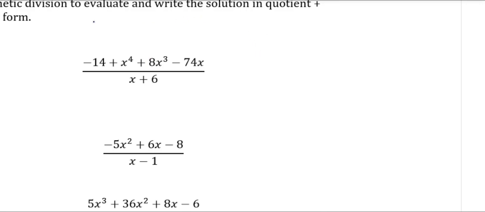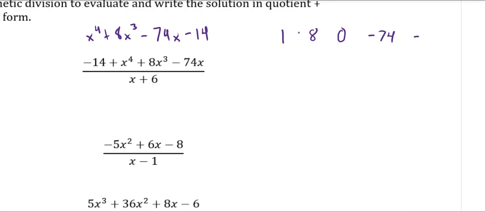That is to say, this is really x to the fourth plus 8x to the third minus 74x minus 14. Now, what we want to do is rewrite those coefficients over here, keeping in mind that since we don't have any squares, we need to keep track of that by writing a 0 as the coefficient of the quadratic term. If there's no term visible over here, its coefficient is 0.